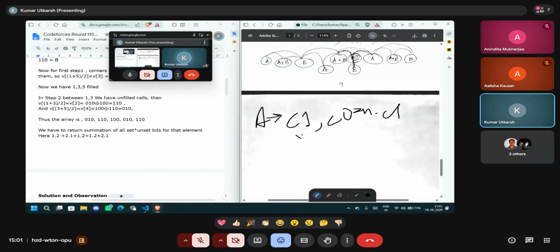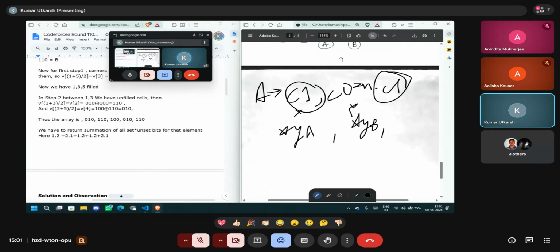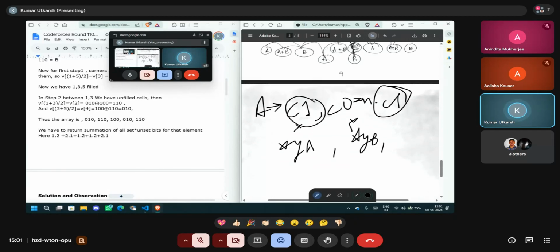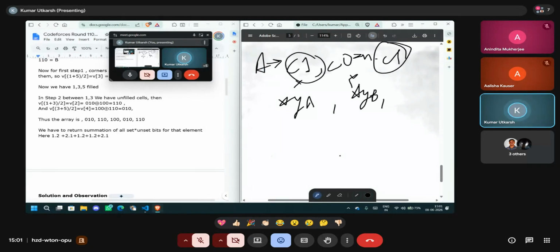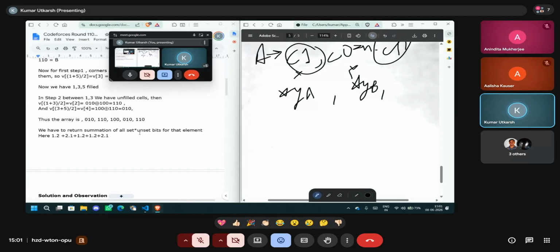This is X, this is Y. So we have our count for A as xy. For B also we have C1 and n minus C1, so for B also we have xy. And for A XOR B, we check if in A and B we don't have the same value, then we have the count of 1. So what I mean is, let's take this example.